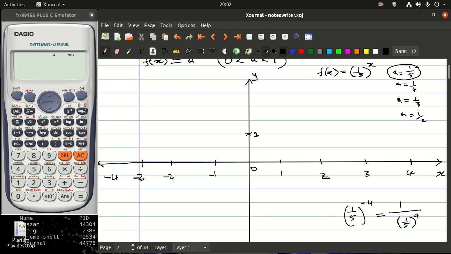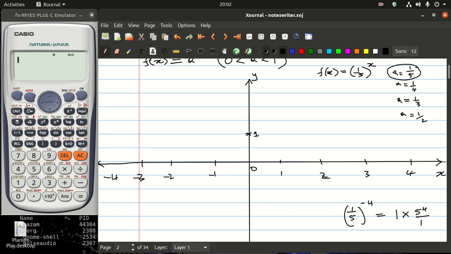And having a power outside of a fraction, it just means that you have 1 to the power 4 and 5 to the power 4. And 1 to the power 4 is the same as 1. And we change this division to multiplication. And now we end up having 1 times 5 to the power 4 over 1.